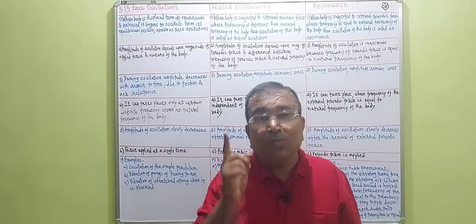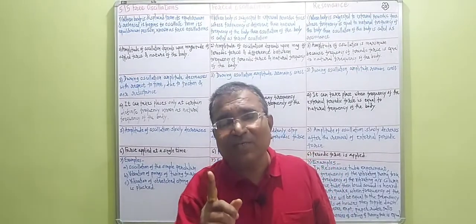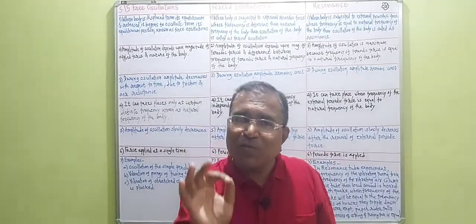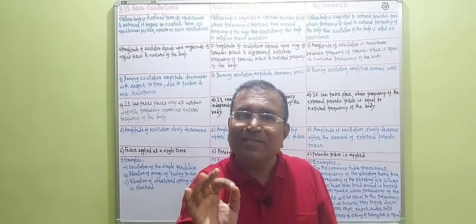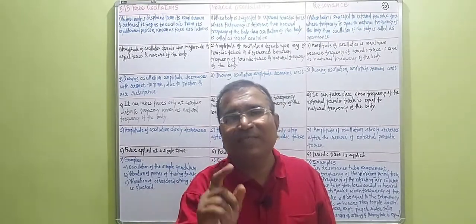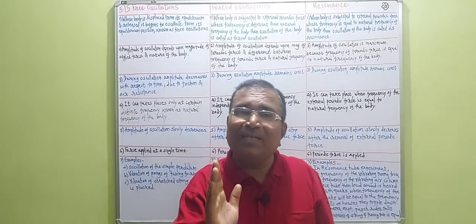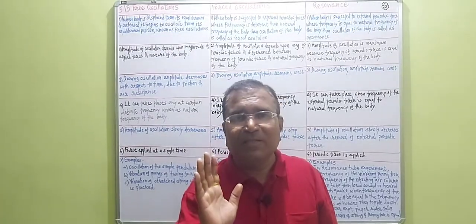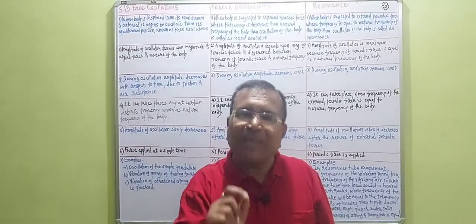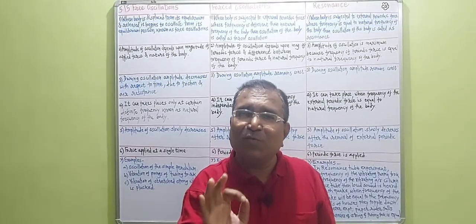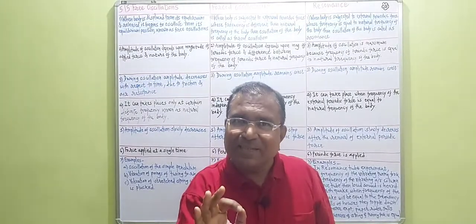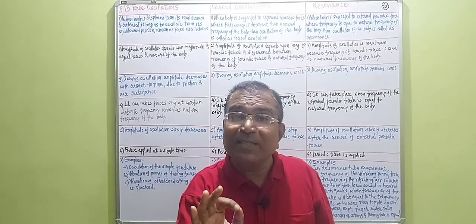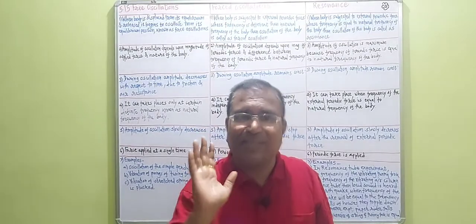So, the most important thing, dear students, is that for forced vibration, continuous force is necessary. Then and only then do we get forced vibration. Another most important thing about forced vibration is that the amplitude of oscillation is constant.